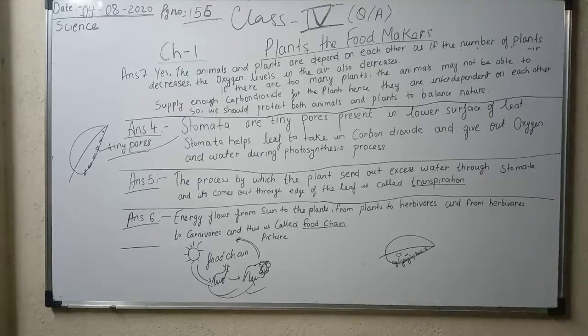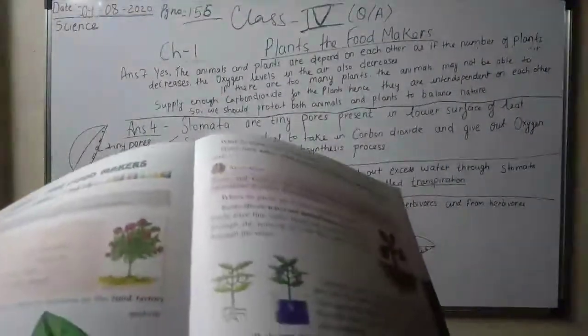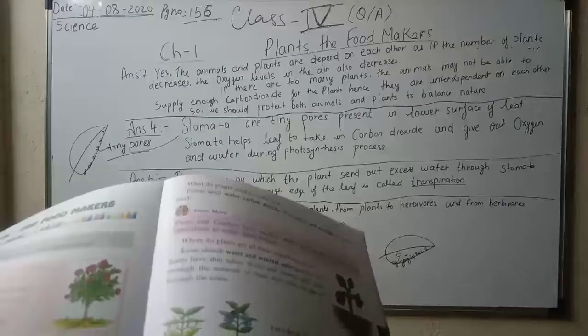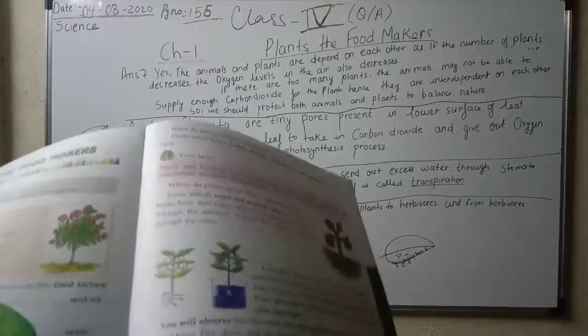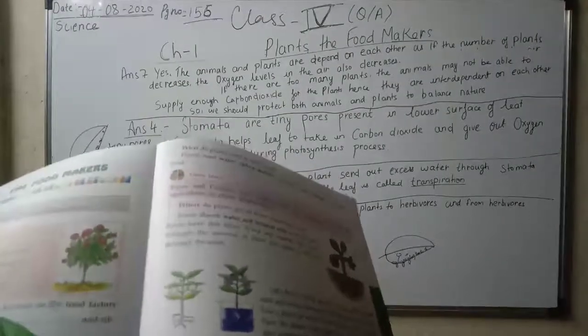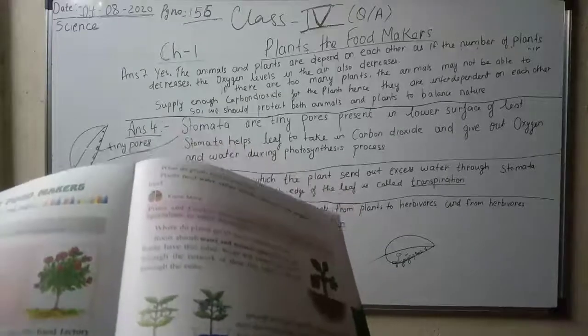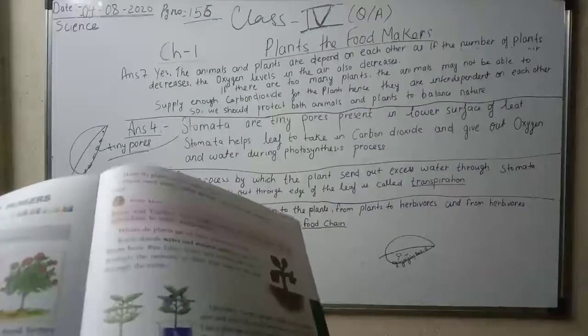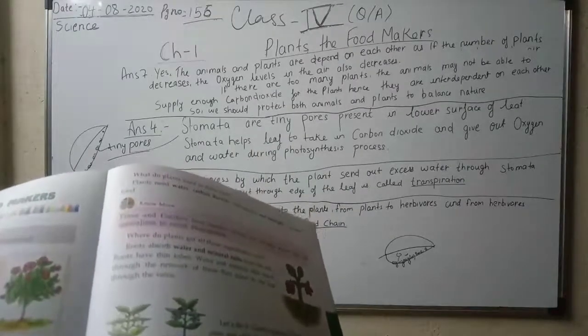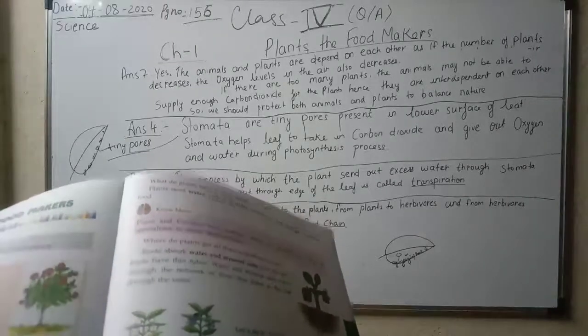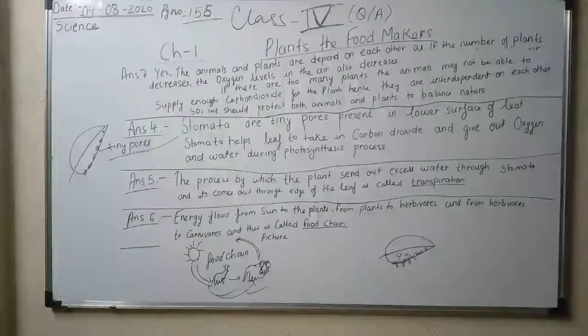Take out page number 148. You will see in the last stanza it's written, what is the stomata. The same line I have also written here, and just added one or two more words. Stomata are the tiny pores present in the lower side of the leaf. What is the work of stomata? Stomata help the leaf to take in carbon dioxide and give out oxygen and water during the photosynthesis process.